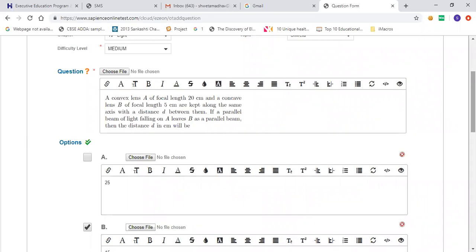So from where should the incident rays pass? From focus. That is focus, right? And for focus, the incident rays which fall on focus, passing through focus, that focus is on which side? Right side or left side?